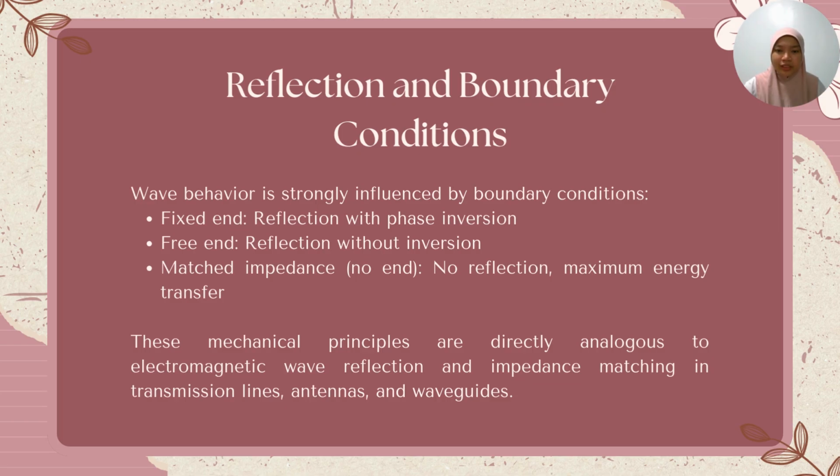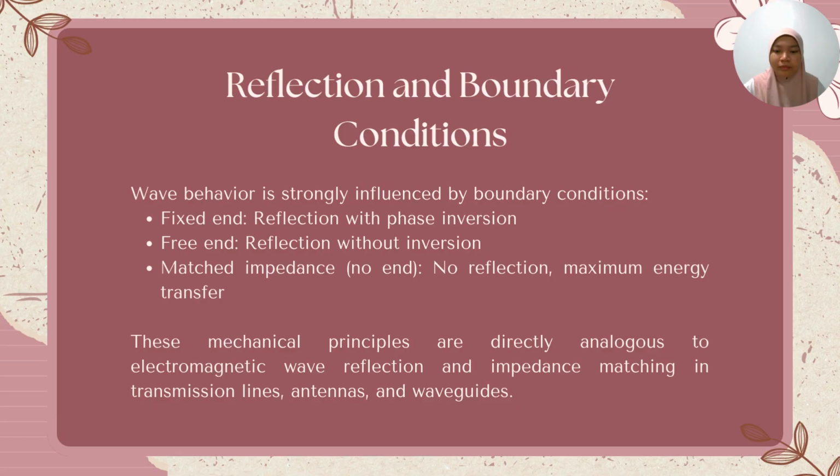Next, I'm going to continue with reflection and boundary conditions. Wave behavior is strongly influenced by three conditions. The first condition is fixed end reflection with phase inversion. If it was an upward bump coming in, it comes back as a downward bump. This flip is called a phase inversion with a 180-degree shift. The second condition is free end reflection without inversion. The wave does not flip.